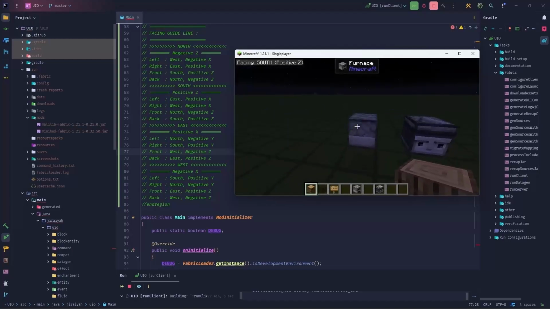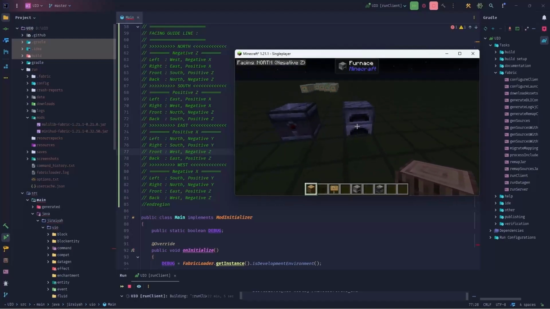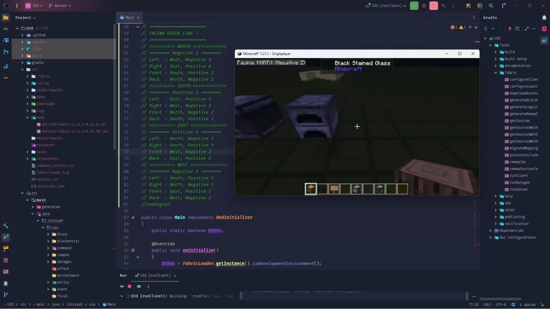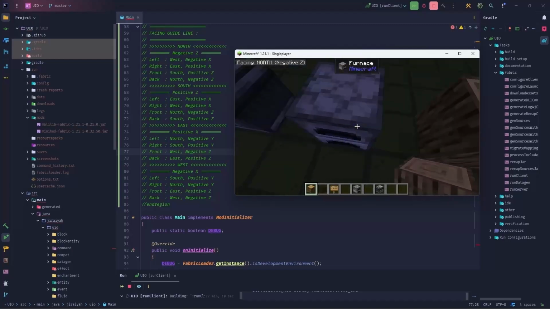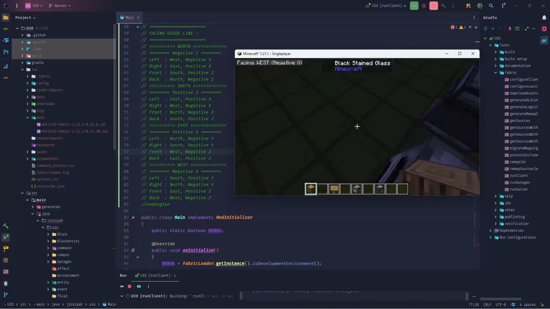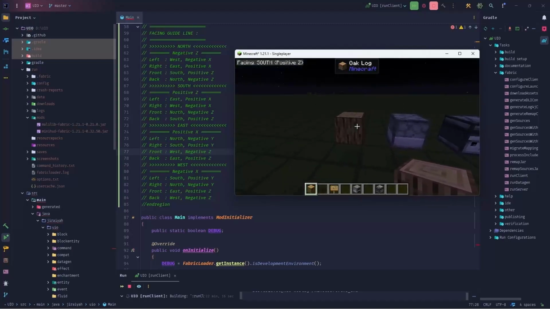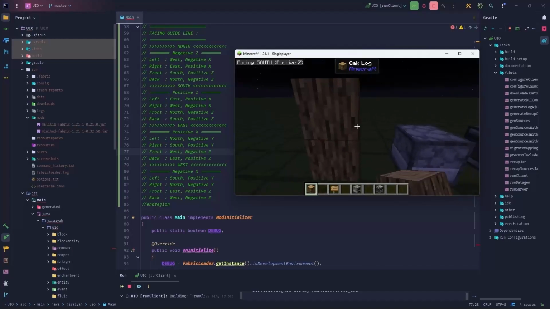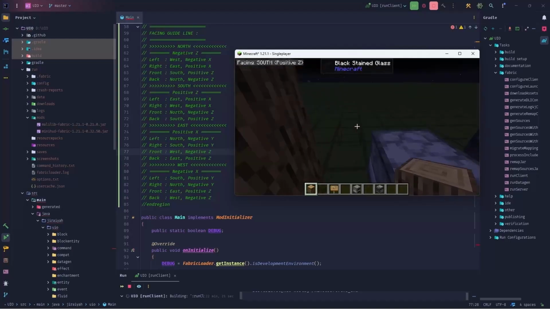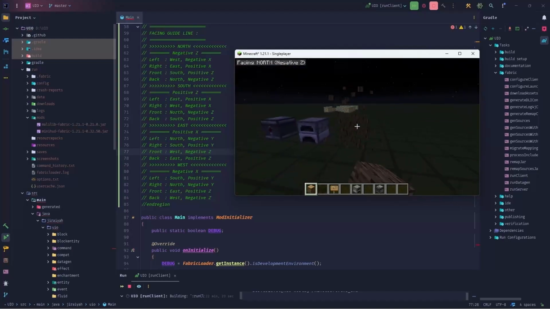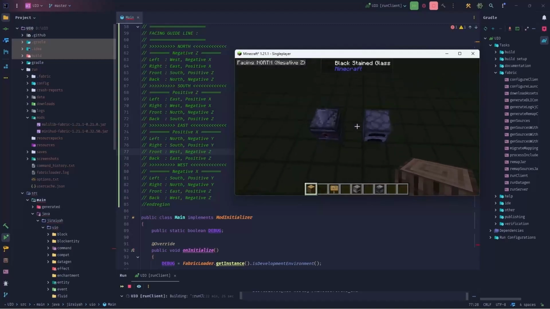As you saw in the case of furnace, we said that, okay, it was facing north, so it was east. But then I said, no, the direction property would be south. And the block you want to take is on the left. And you see that it's again east. However, you should know and you should be aware of what you're doing. If you are looking at the north like the observer, or if you are looking at south like the furnace.